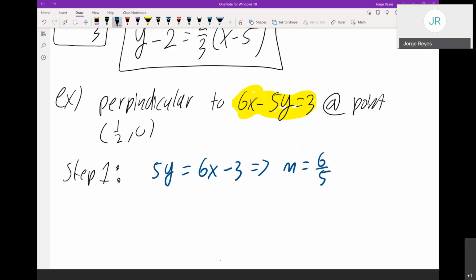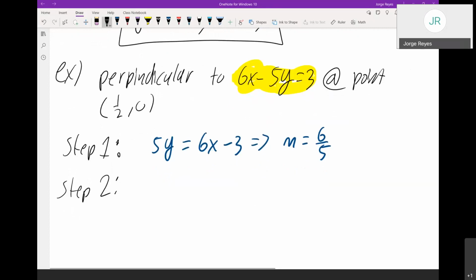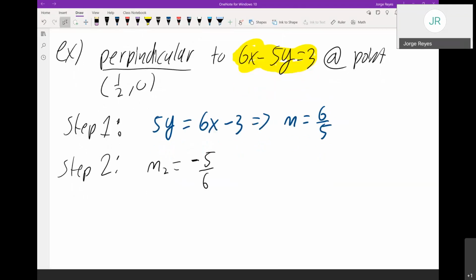Then step 2, I want to check what I want. Do I want parallel or perpendicular? Here I want perpendicular, so my second slope is going to be negative 5/6. So we flip the sign and we also flip the fraction. Then step 3, this depends on your choosing, but you make the line in slope-intercept form or point-slope form.